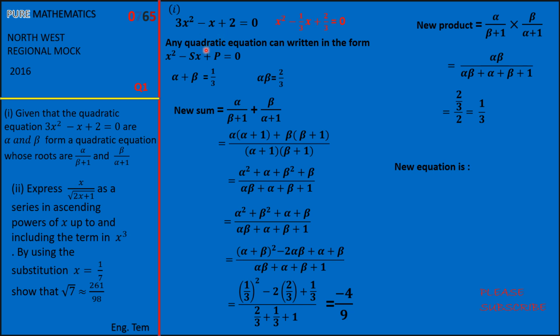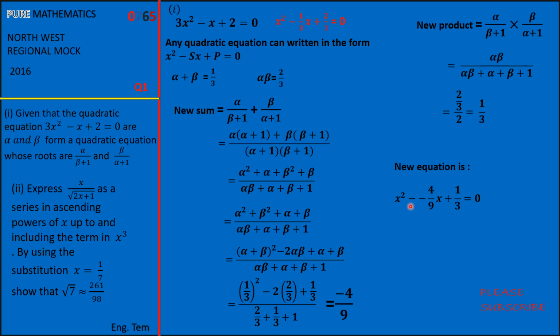Remember, any quadratic equation can be written in the form x squared minus sum of roots times the variable in which a quadratic is defined plus the product of roots equals 0. With this now in mind, I can now write the quadratic equation as follows. We have x squared minus sum of roots. The sum of roots is negative 4/9 times x plus the product of roots, which is 1/3.